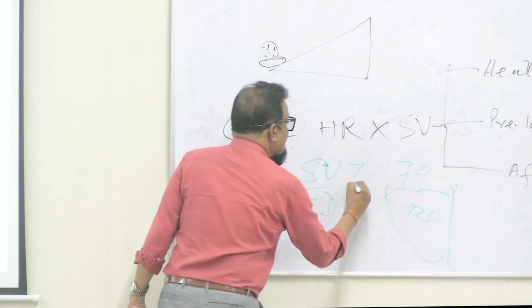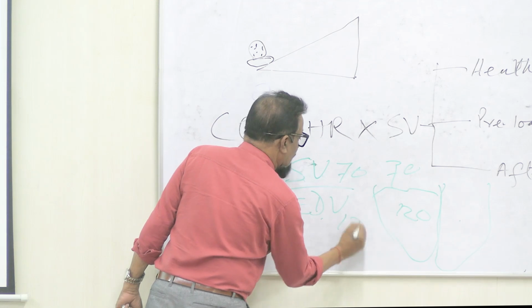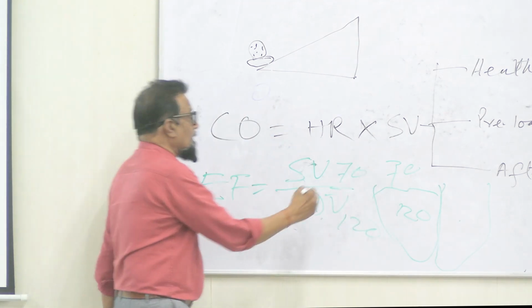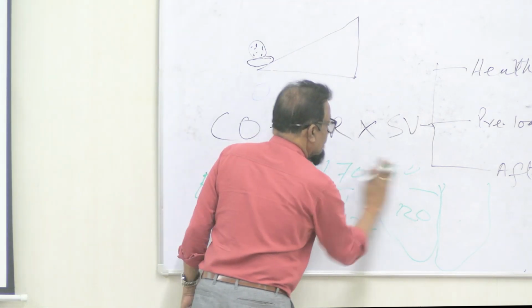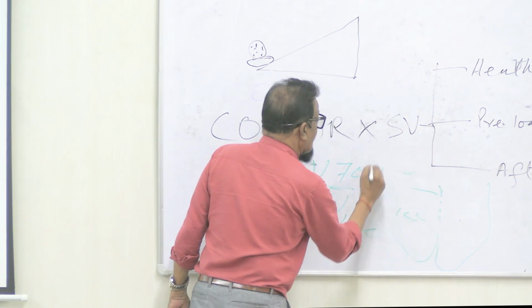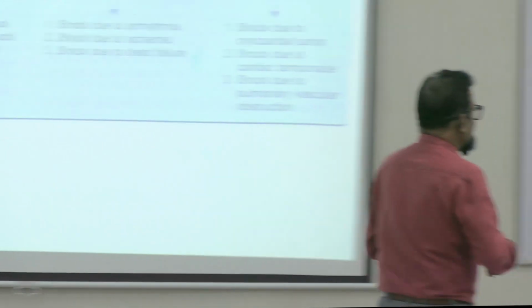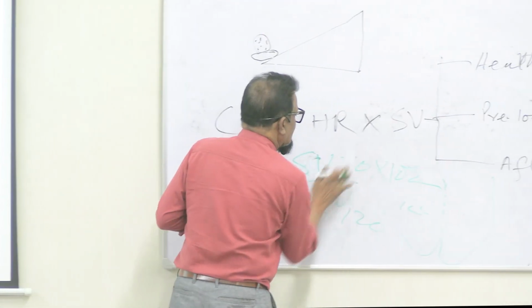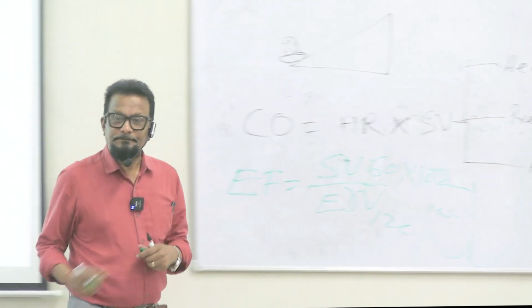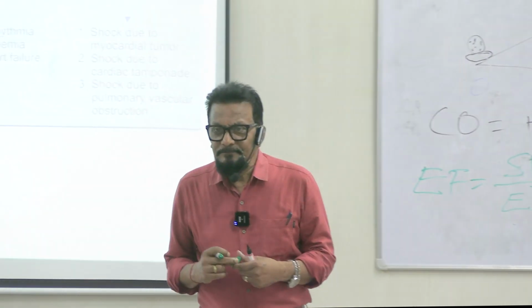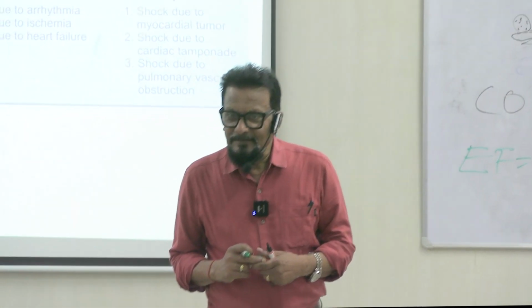So it is 70, and EDV is 120. Now divide it and multiply by 100. How much does it come to? Okay, let it be 60. Now it is easy, 50%.